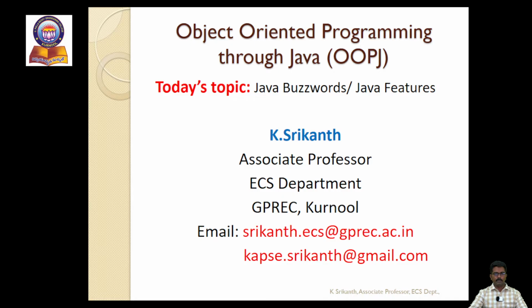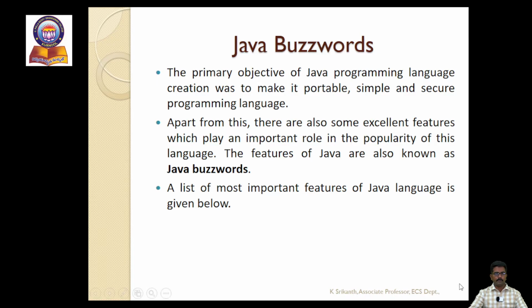Today's topic, Java Buzzwords or Java features. Let us discuss the features of Java language which makes it popular. So we have a lot of features that are supported by Java language.